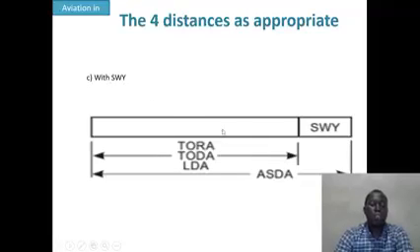When the runway is provided with a stopway, the TORA, the TODA, and the LDA will be equal, but the ASDA will be the TORA plus the stopway.